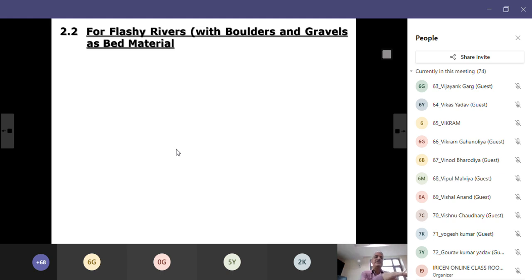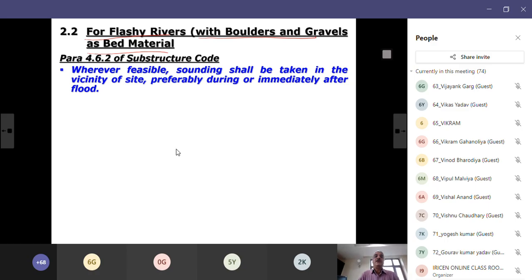That was the calculation method when Lacey's scour depth was applicable. Now for rivers where you have boulders and gravels as bed material, Lacey's formula will not apply. So what should we do? Para 4.6.2 of the substructure code says wherever feasible, soundings shall be taken in the vicinity of the site, preferably during or immediately after flood.